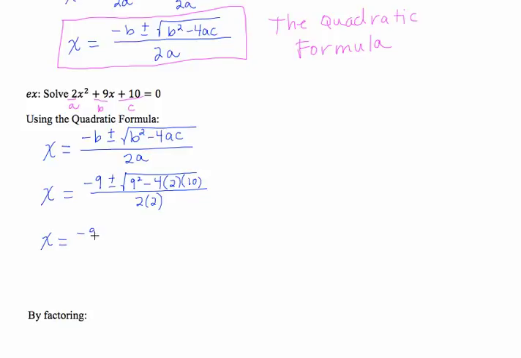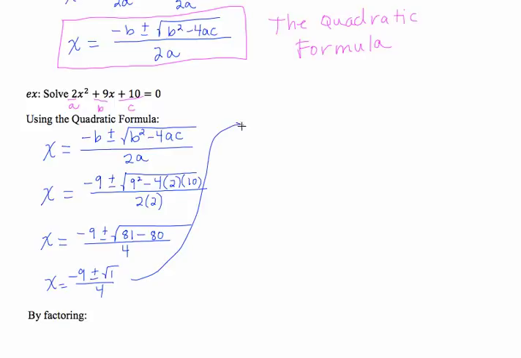From here, you just simplify. So we have negative 9 plus or minus the square root of... let's figure out what this simplifies to. 9 squared is 81. 4 times 2 times 10 is 80. And this is all over 4. Well, 81 minus 80 is 1, so you have negative 9 plus or minus the square root of 1 over 4.